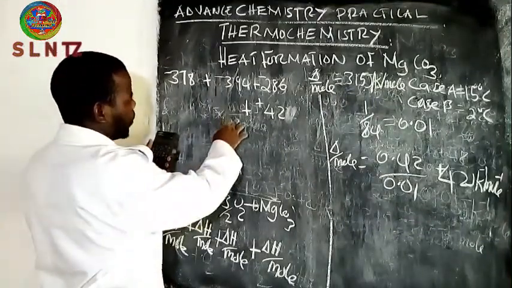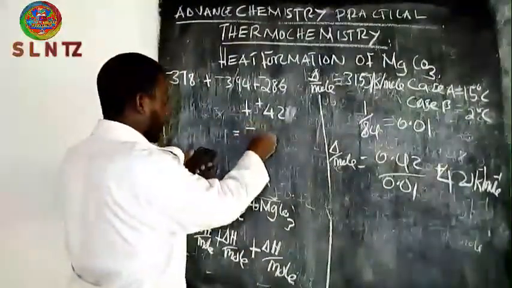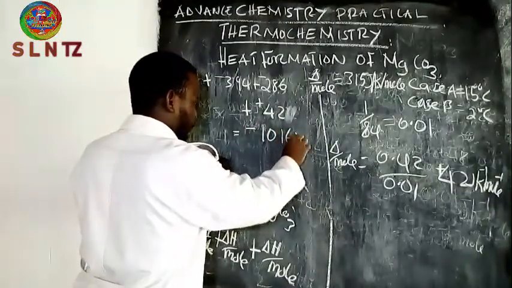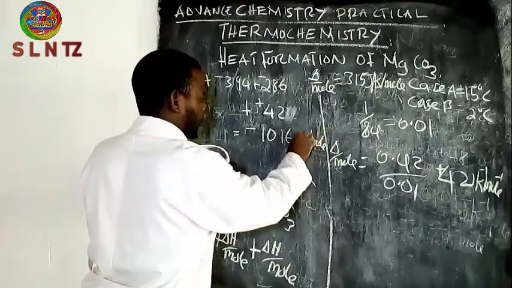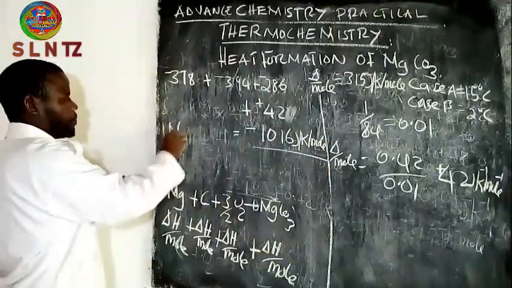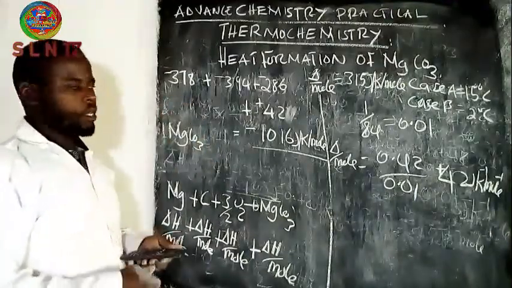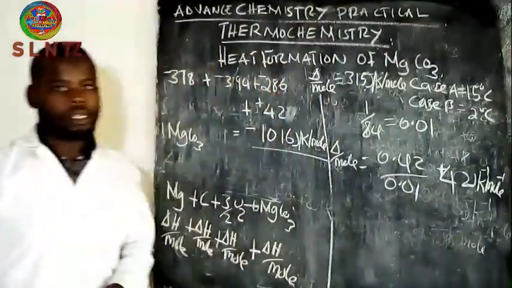The answer is equal to negative 1 kilojoule per mole. That is the heat of formation of magnesium carbonate.